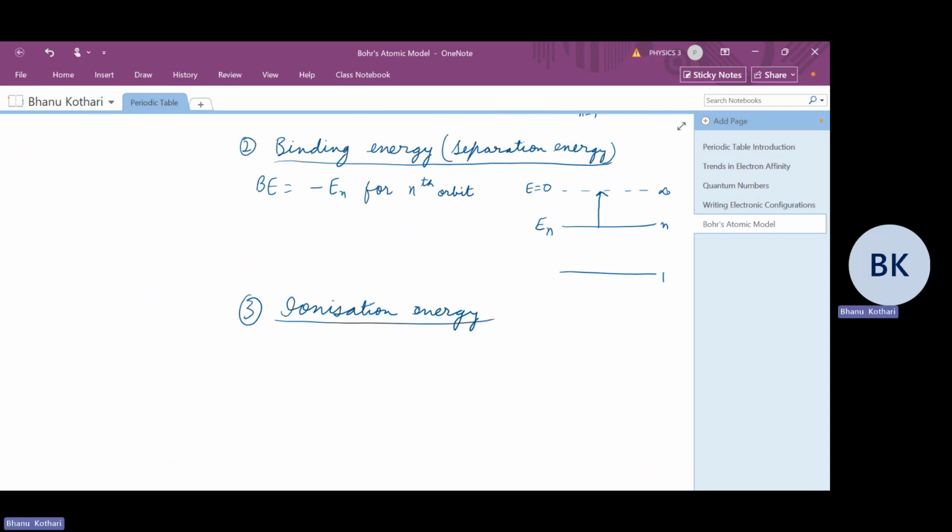As the name suggests, it is the energy required to remove an electron from the ground state. So if an electron existing in the ground state is to be brought to infinity, or removed from the atom, that amount of energy will be called the ionization energy.